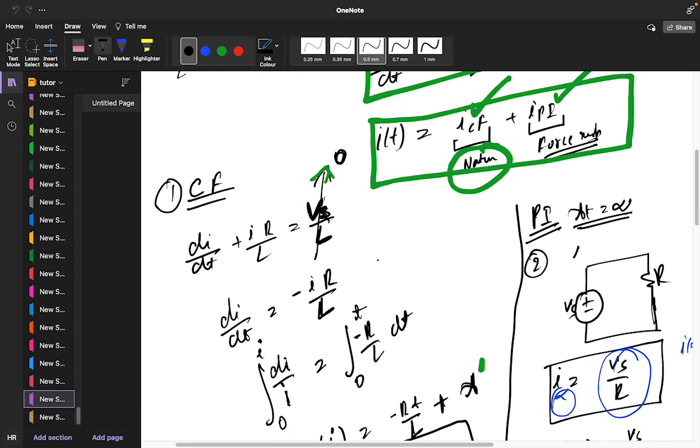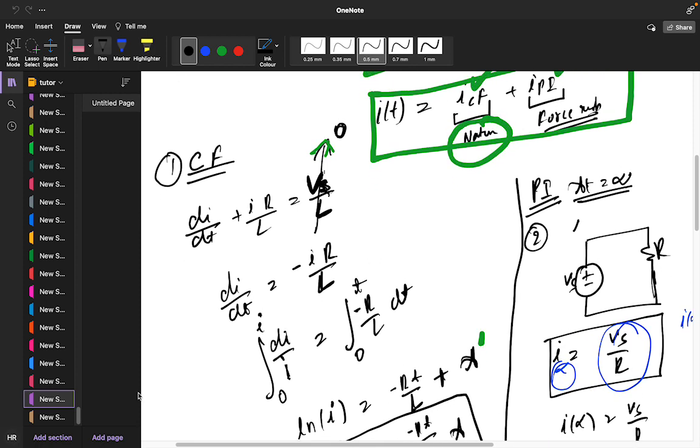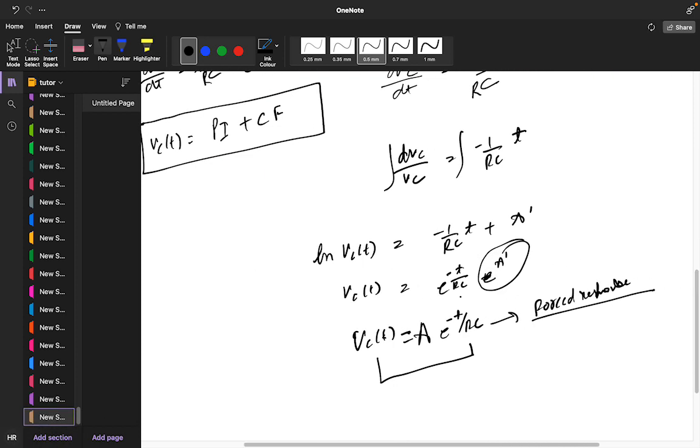Now for finding the complementary function, what will you do? Oh, sorry, this is our natural response, because we make the force zero.